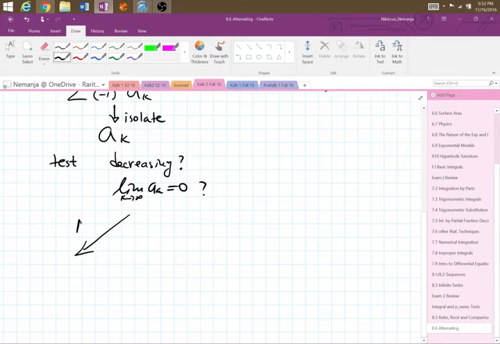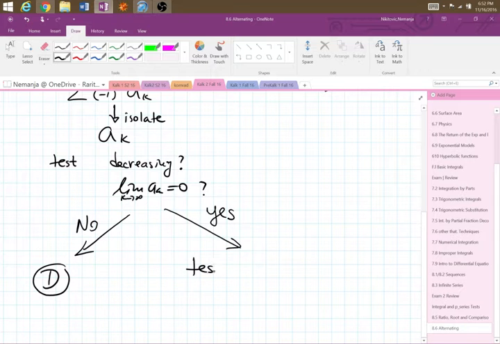If the answer is no to any, you have divergence and you are done. But if the answer is yes to both, in that case, you will have to test the summation of a_k, and I will put here in parentheses, using appropriate test.